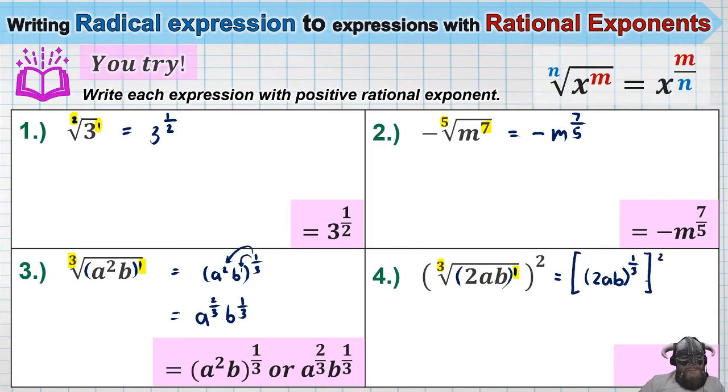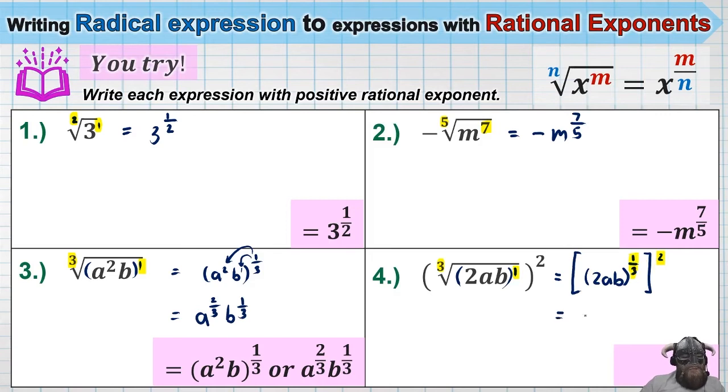But, from this given expression, we can already simplify it by using the power rule. Dito, nakalagay 2ab raised to 1/3 raised to 2. So, ang gagawin lang natin is i-multiply lang natin yung exponent na 1/3 kay 2.